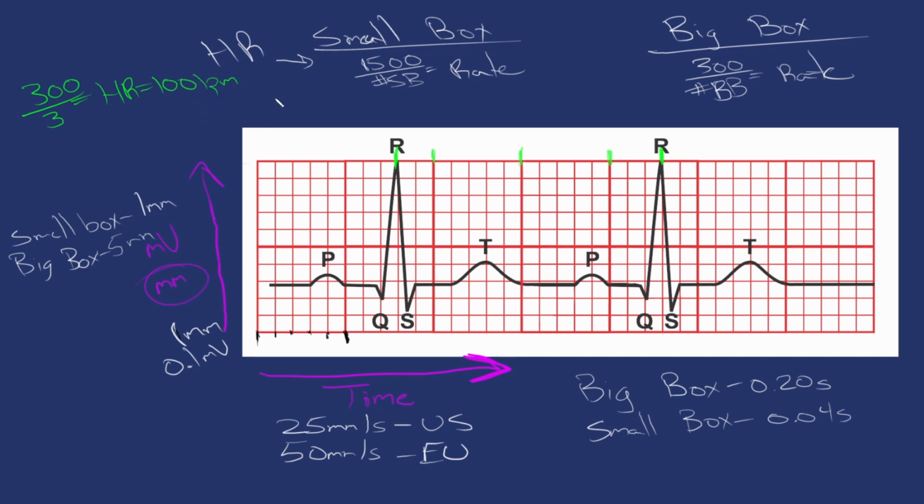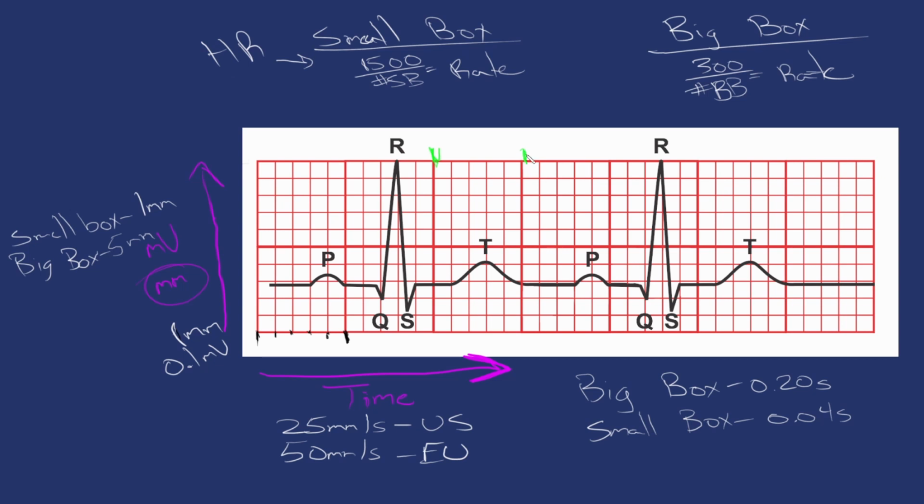So that's a really quick, easy way to do this. We can get more accurate with it if we erase this and use the small boxes this time. The easiest way to do this, because you don't want to sit here and count 1, 2, 3, 4, 5. I mean, you can, but I think that takes too much time, is, again, to use the big box. So we're going to skip here.